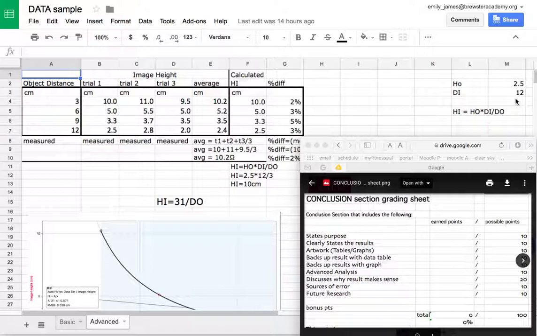The next section discusses why the results make sense. And you'll notice in the grading sheet that that's worth twice what any other section is worth. Why? Because this is where all the physics is. Why should image height decrease as object distance increases? Well, one of the best ways to do this is to draw two diagrams.